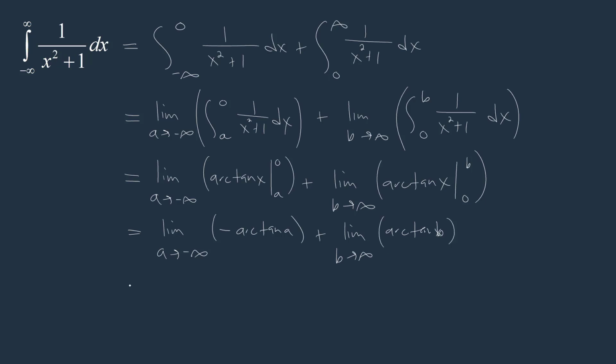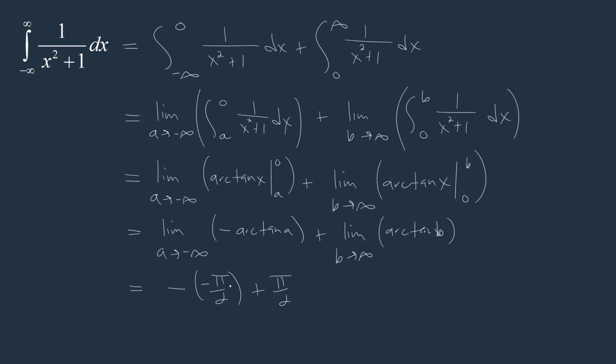This first limit is the opposite because of the negative. And if a were to decrease without bound, the inverse tangent approaches negative pi over 2. If b were to increase without bound, the arctangent of that b would then approach pi over 2.